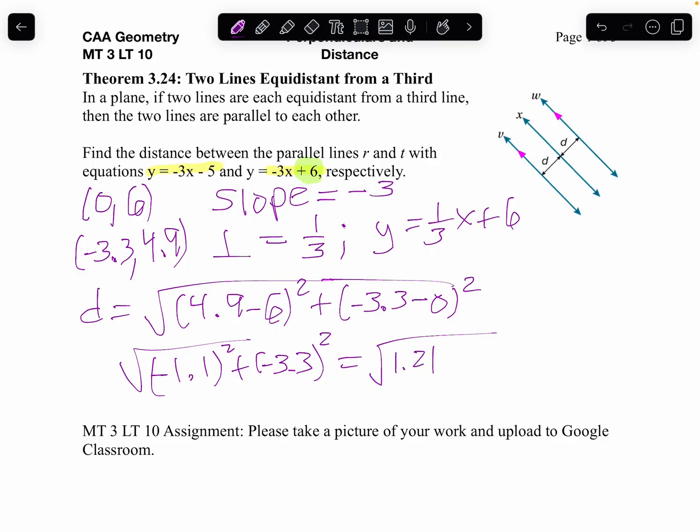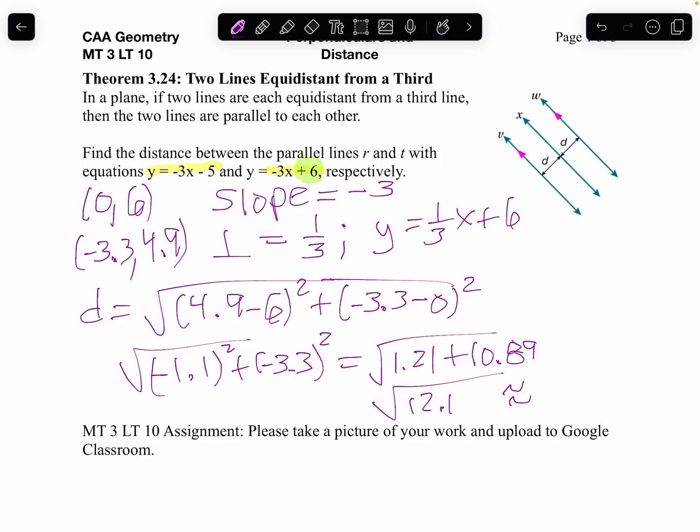A negative times a negative is a positive. Plus 3.3 squared is 10.89. Then if I add those up, I get the square root of 12.1.